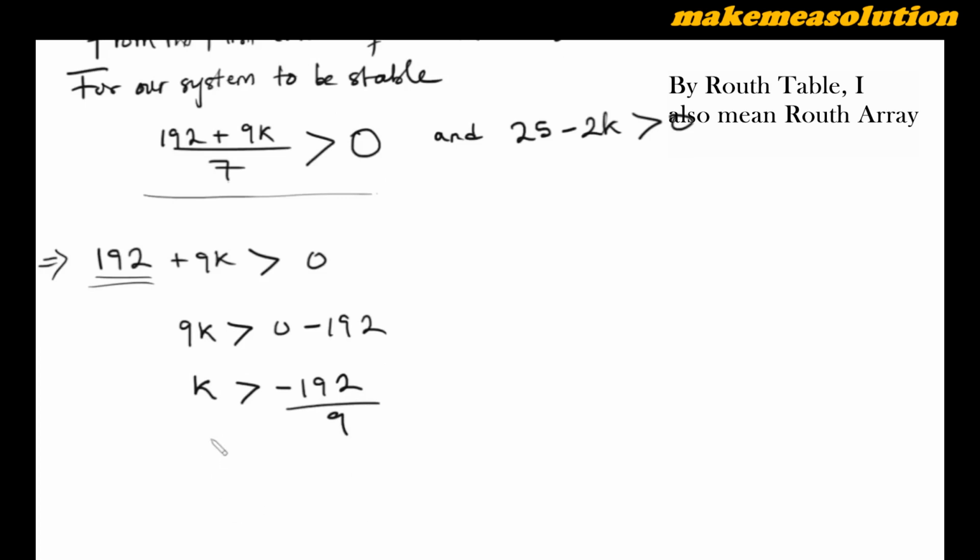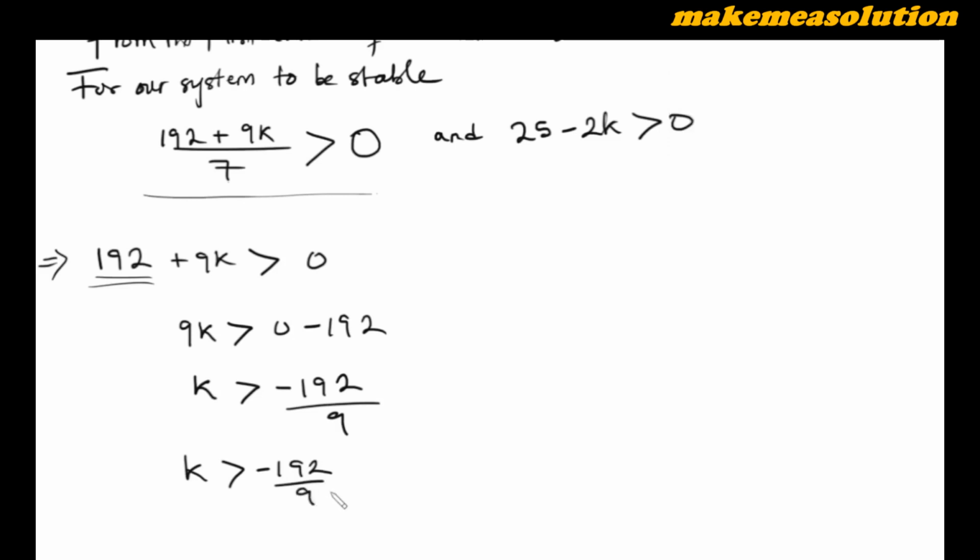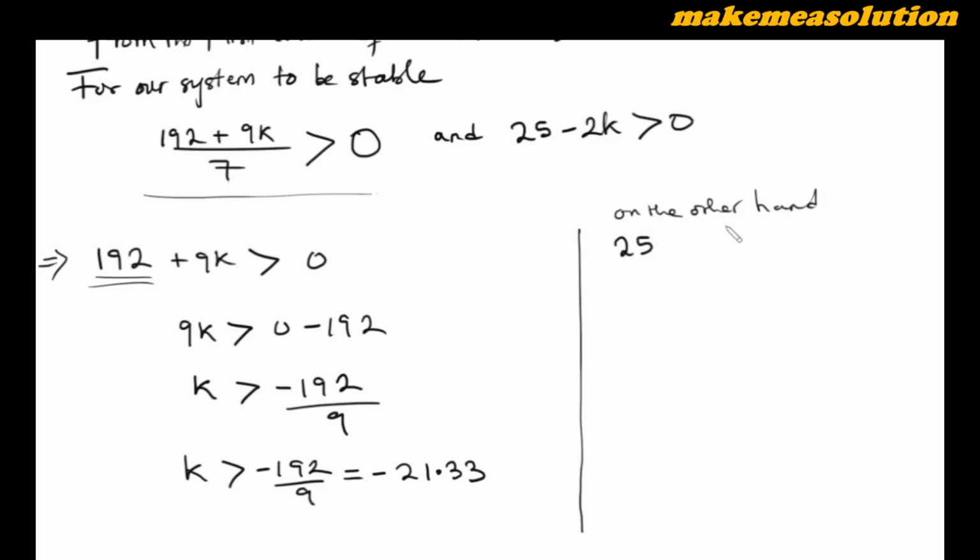So k on one hand is greater than minus 192 over 9, and if we evaluate this with my calculator, it gives us negative 21.33 on this side. On the other hand, we have 25 minus 2k is greater than 0.